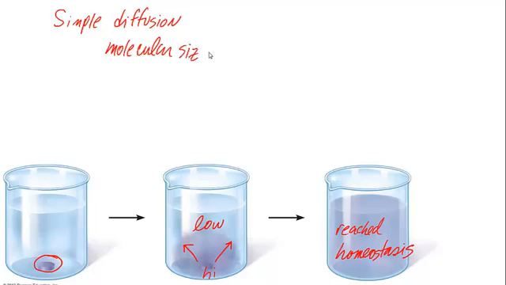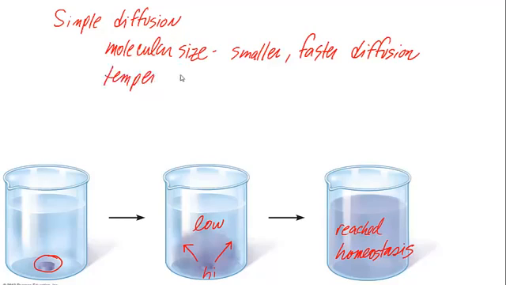This is important because the smaller the molecule, the faster the rate of diffusion. Another important factor is going to be the temperature. And the higher the temperature, again, the faster the diffusion rate as well. So we have faster diffusion with a higher temperature.